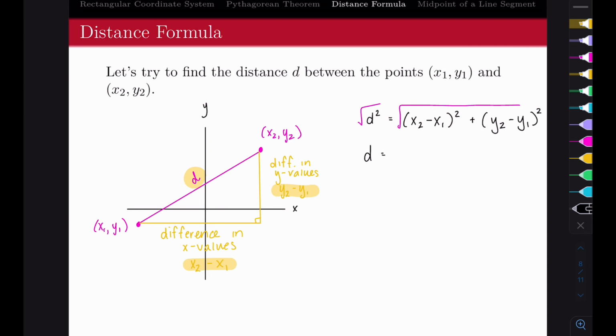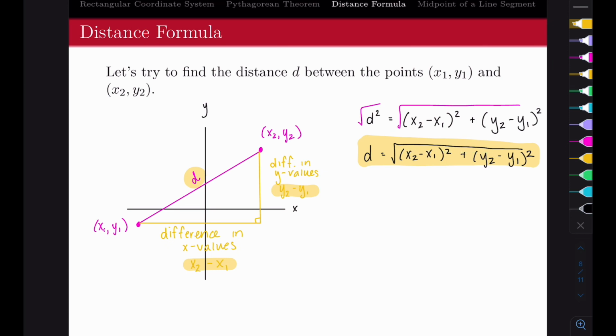I don't need to worry about the plus or minus because it's a distance, it's a positive number. So our distance is equal to the square root of the difference in x values plus the difference in y values, each of those squared. Okay? So this right here is our distance formula that we can use now.